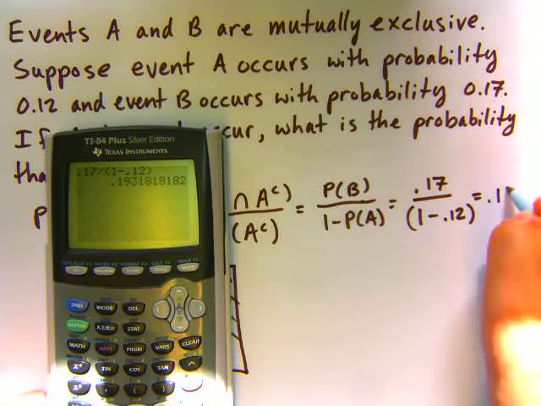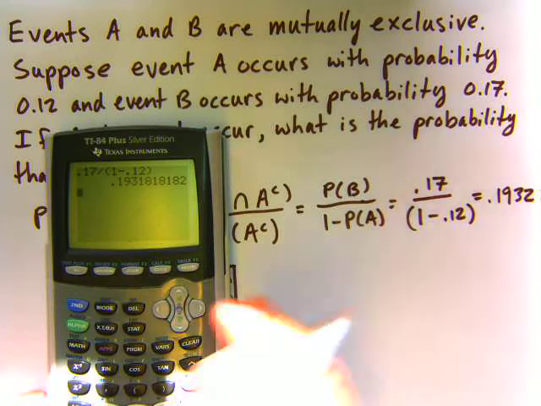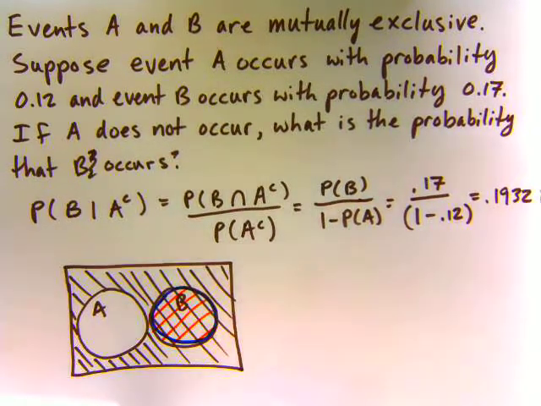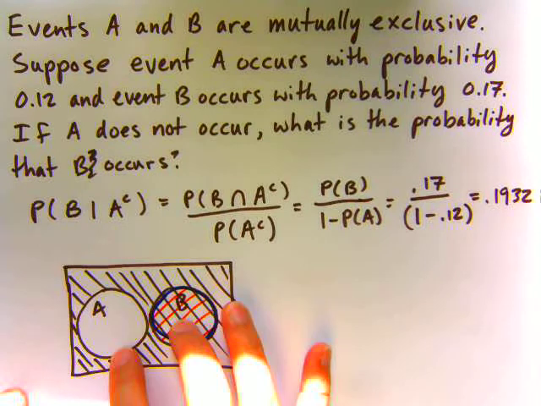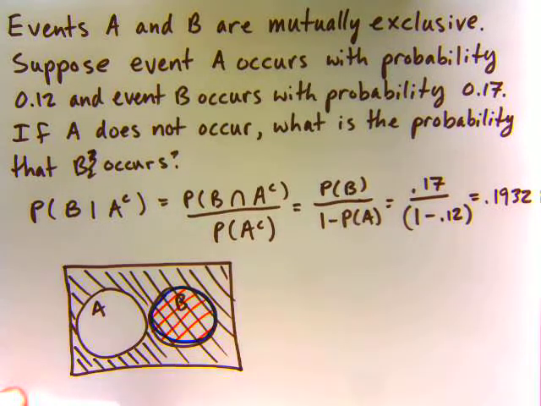Comes out to be 0.1932. So it's helpful with these Venn diagrams sometimes. If you don't have context, you just have A's and B's, to draw them out.